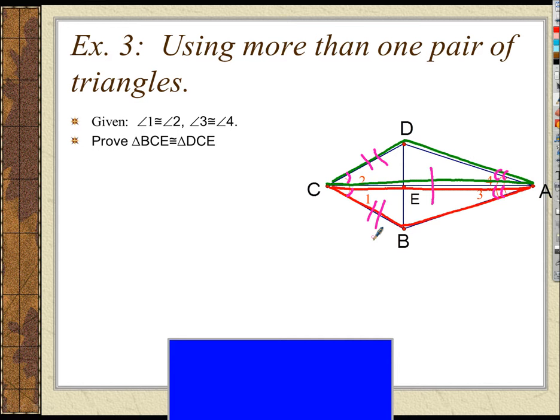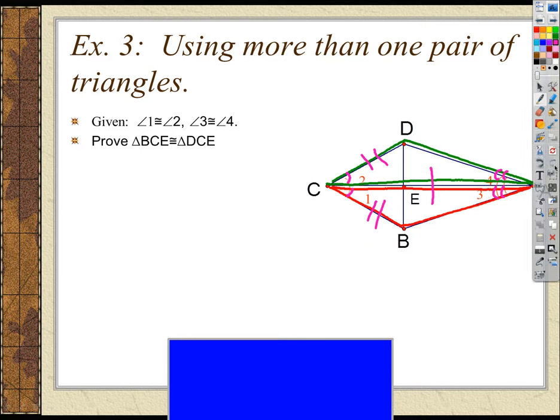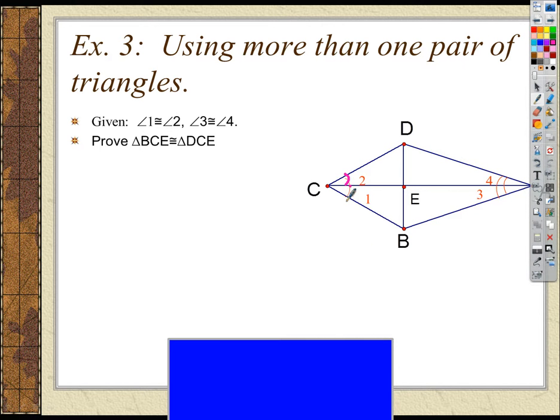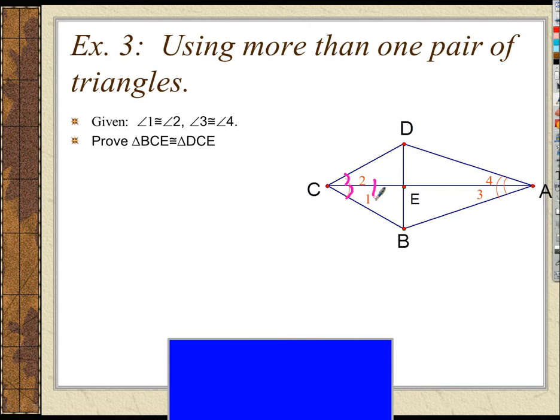Does that make sense? Okay? And that gives us all we need. Now, I've got those angles, that shared side, those two pieces, and so how are the two little triangles congruent? By what? Side angle side. Okay? See how that works?